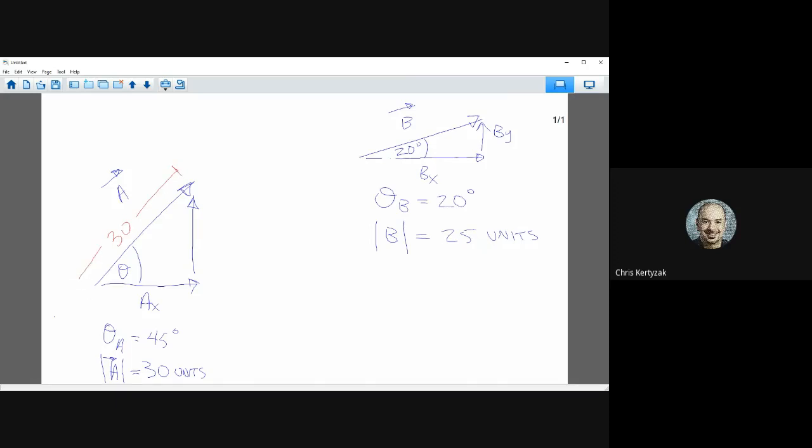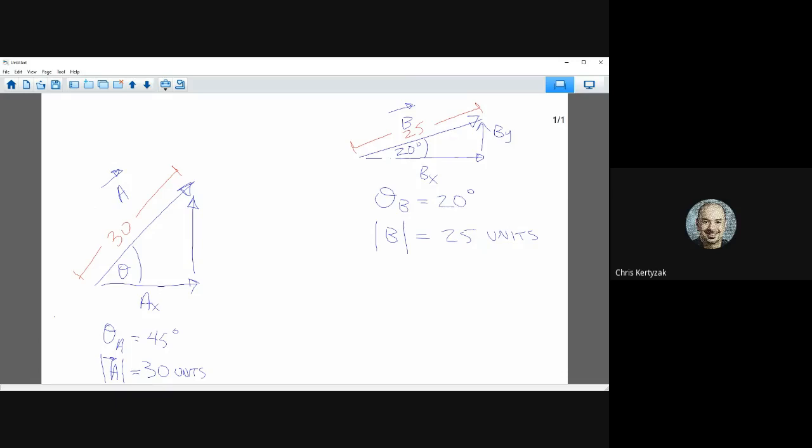That's considered the vector. And so it's 30 units long. Or in this case, this one was 25 units long. So visually, that's the length of the hypotenuse. Okay, so let's just say we now want to add these vectors together.